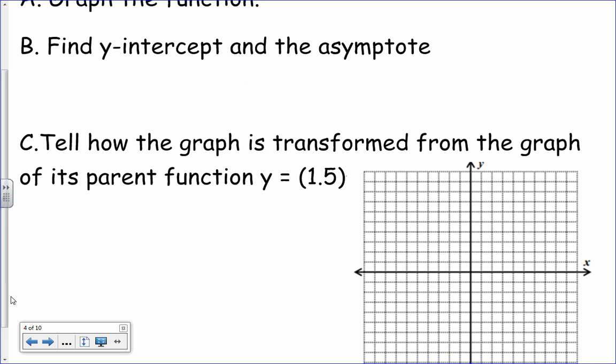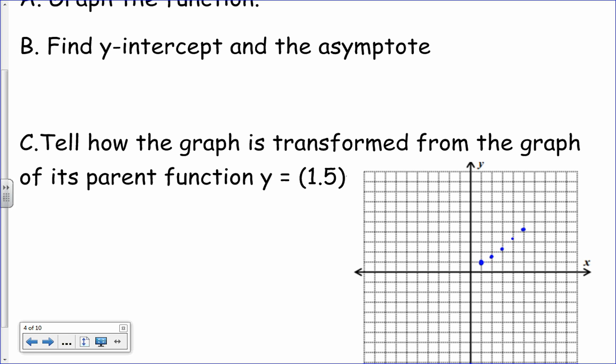Okay. So let's see if I got some things I can draw here. There's a point at 1, 1. Ooh, there's a lot of decimals. It's okay though. There's a point at 2 and 1.5. There's a point at 3 and 2.25. 4 and 3.75. 5 and 5.06. Oh, excuse me. That one at 3 is 3.375.